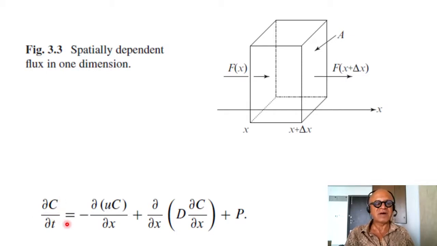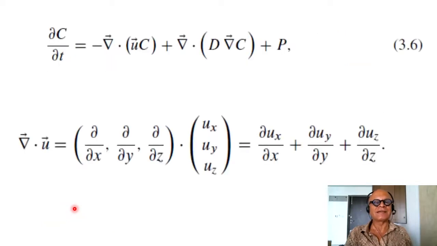So dC/dt is minus d(uC)/dx plus d/dx of D dC/dx plus P. Obviously you can move this term over, and some of you can begin to recognize the so-called total derivative, Lagrangian derivative, or material derivative. That's what happens when you move with the particle as opposed to sitting at one place and looking at material going through. But let me not introduce that quite yet.